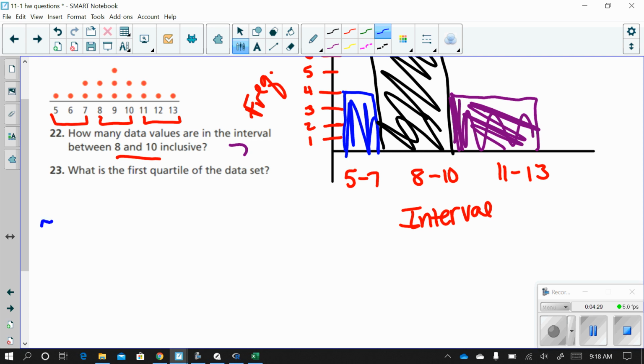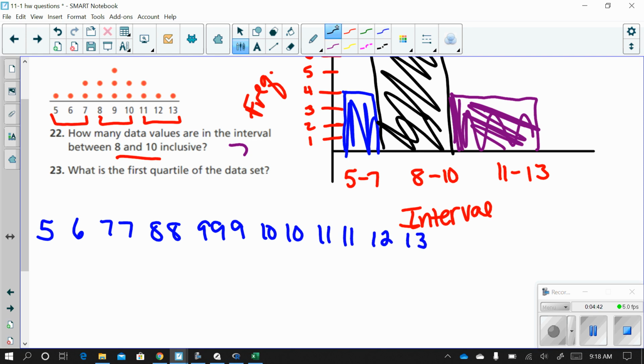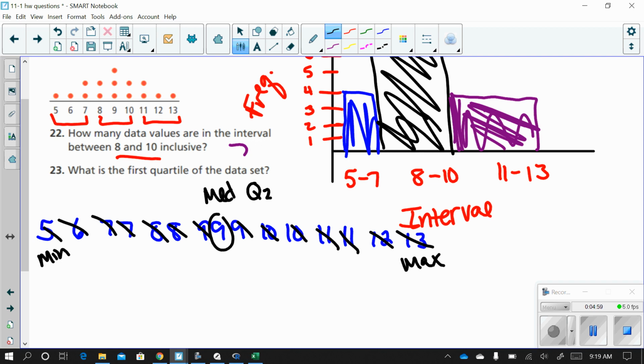So this should be really easy to do: 5, 6, 7, 7, 8, 8, 3 9s, 2 10s, 2 11s, 12, and a 13. Easy. Here's my min, here's my max. Let's find the median. Median right here, or you can call it Q2.